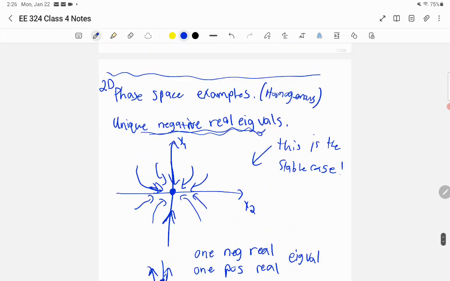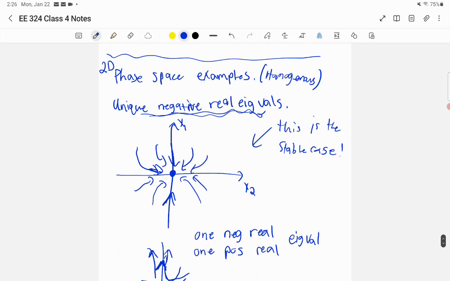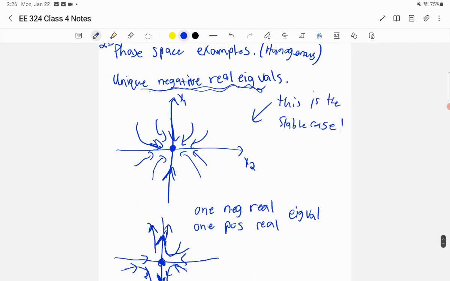Okay, so the only case is when all of the real parts of the eigenvalues are negative. And that extends into higher dimensions. So if it's 10D, then you need all 10 of the eigenvalues to be negative.